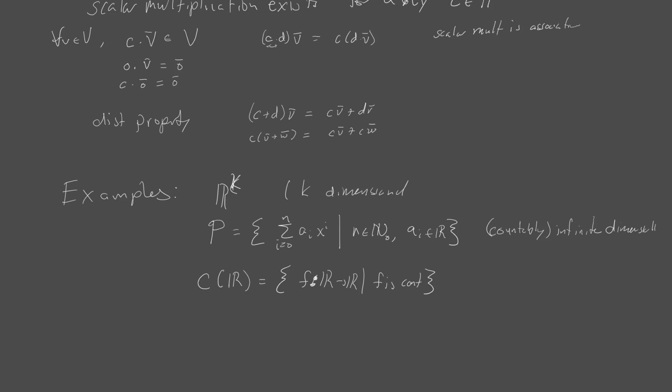I can treat the always zero function as the zero vector. I can multiply continuous functions by a number and just stretch them out or shrink them down and scale them and get another continuous function. So these are infinite dimensional and these are uncountably infinite dimensional.